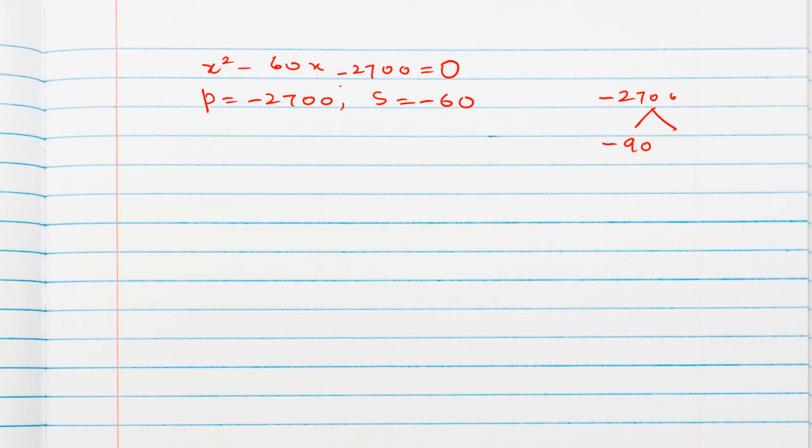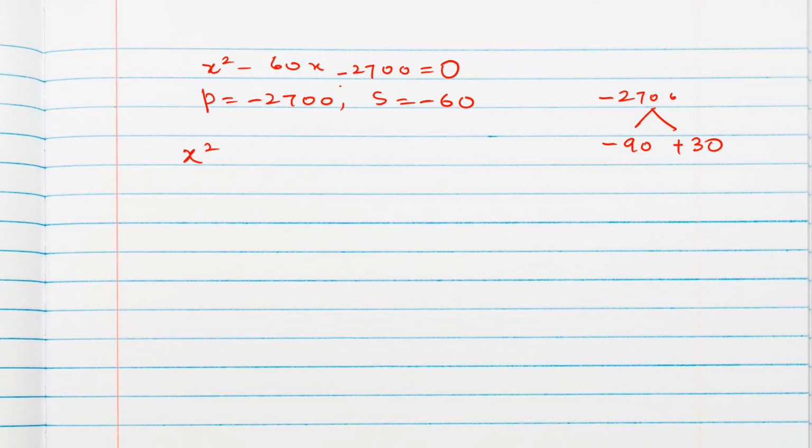So we got here x square minus 60x minus 2700 equal to 0. So now suppose the product should be minus 2700 and sum should be minus 60. So here also suppose minus 90 plus 30. If we multiply we will get minus 2700, and if we add we will get minus 60.